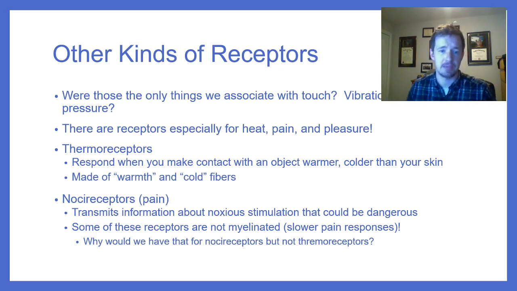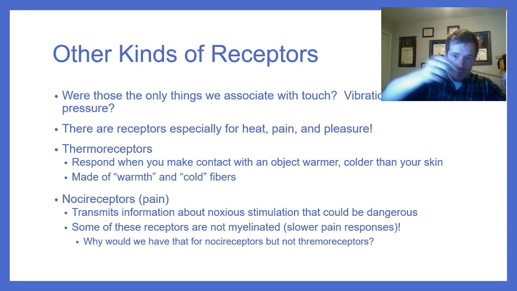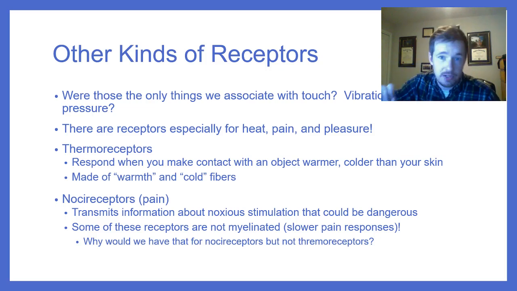But with these two different kinds of pain, we're going to have some of these receptors that are myelinated and some that are not myelinated. If you remember back to chapter 1 or chapter 2 when we were very briefly talking about the structure of a neuron, the axon, that long tunnel, that wire that transmits the signal of the neuron, is coated in fat, right?